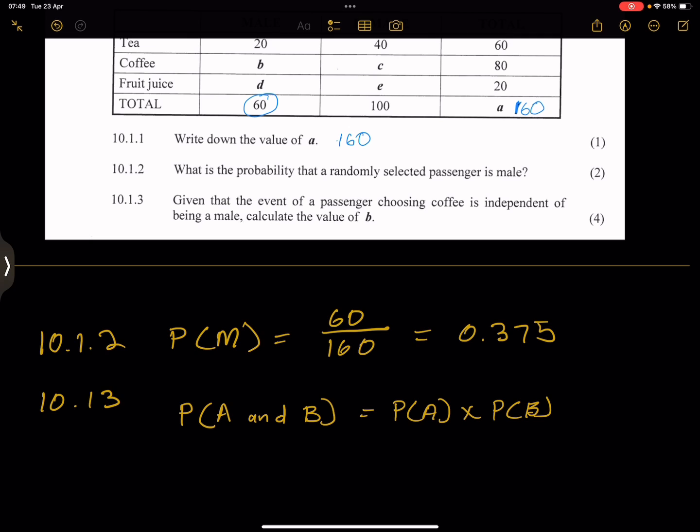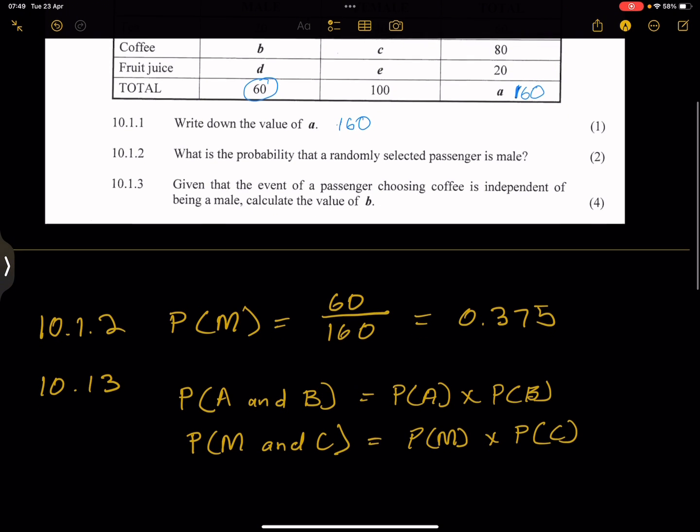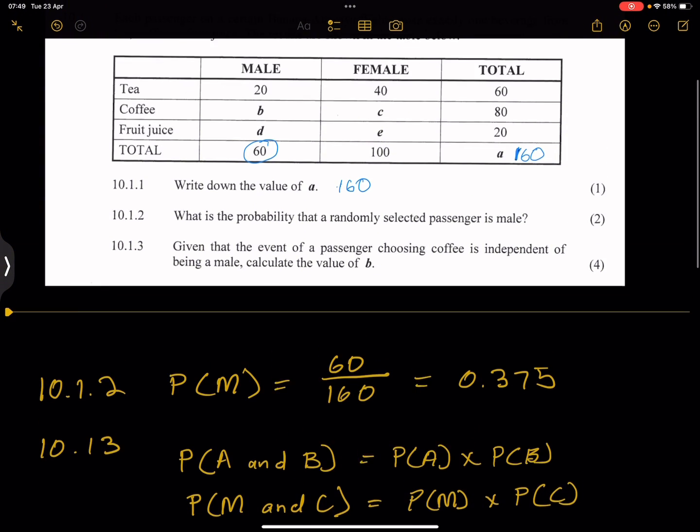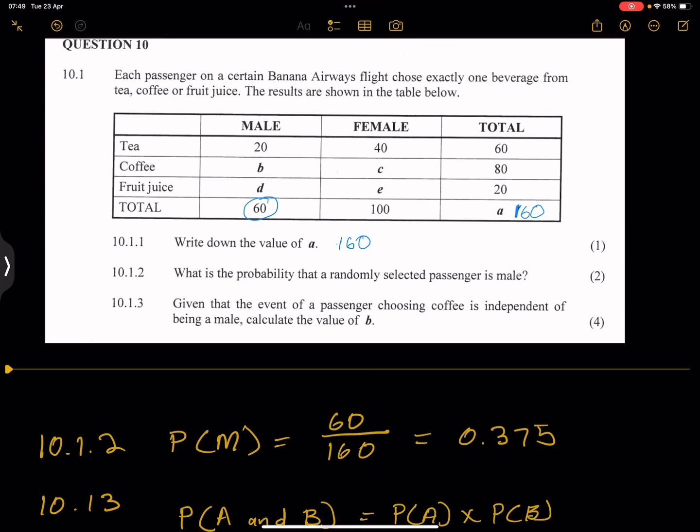So now we are looking at being male and choosing coffee. So the probability of male and coffee should be equal to the probability of being male multiplied by the probability of coffee. Okay, right, so let's see, where are all the males that choose coffee?